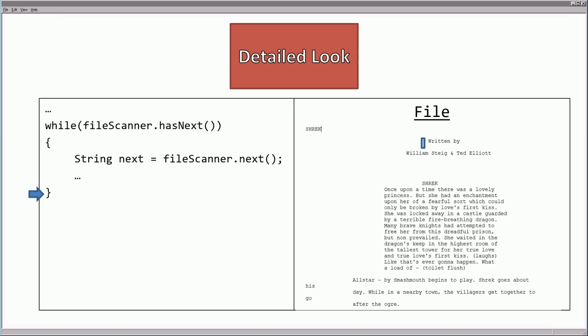In other words, it moves it past all of that space. Then we check this again. So we haven't reached the end of the file, and as soon as we call next, it's going to scan through and capture that information and also store it in the variable next. Now once it's finished that, it moves the cursor forward. Always keep in mind, you read files left to right, top then bottom.